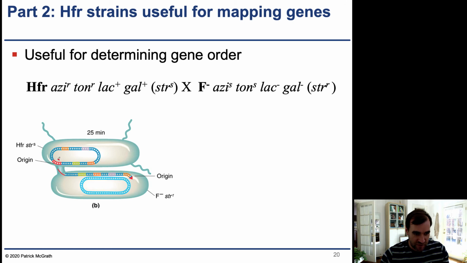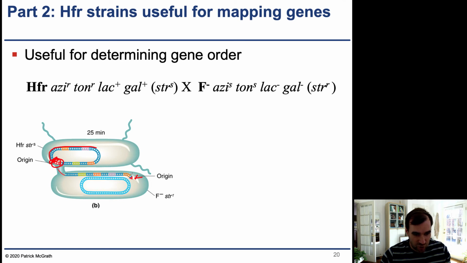Again, you have to know where the F factor has integrated, because that specifies where the initial piece of DNA gets transferred. You'll see this little red piece right there, on this side right here. That indicates the initial part of the plasmid that's transferred, and then the DNA moves in this direction.